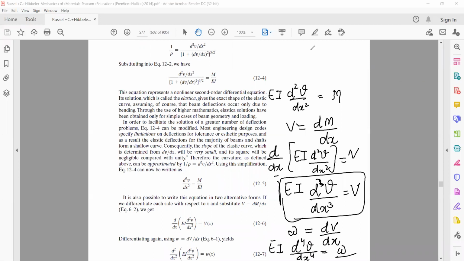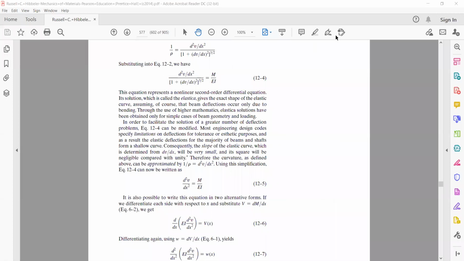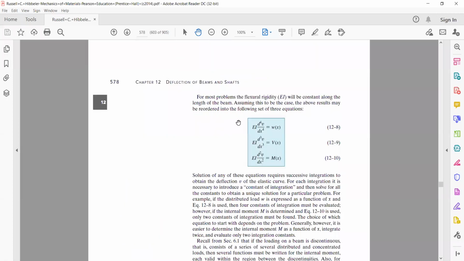So these are the different formulas that we will be using in solving the beam equations, and these formulas are also given over here. It is with the help of these formulas that we will be solving the beam problems. Now let's go to the problem section.